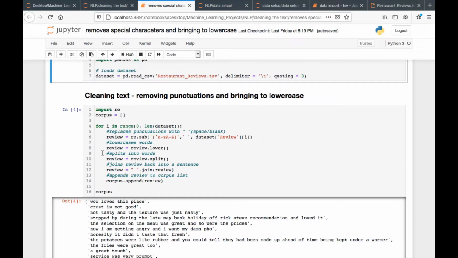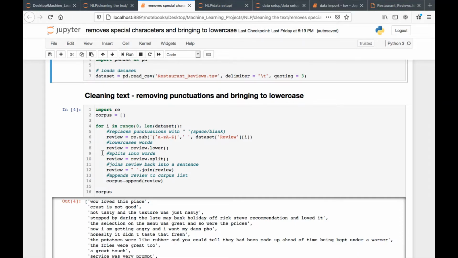This will help us find those characters which are not alphabets, special characters like at the rate, hash, dollar sign, percentage sign, and we are going to replace those characters with blank spaces. Because we don't want these special characters to be considered while predicting whether the review is a positive or a negative review.